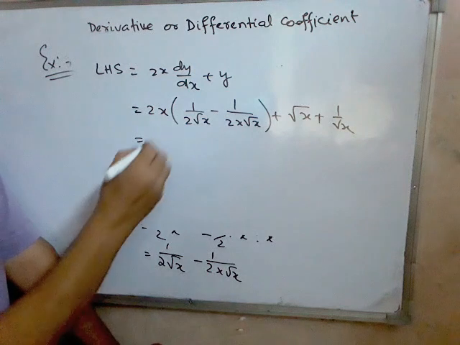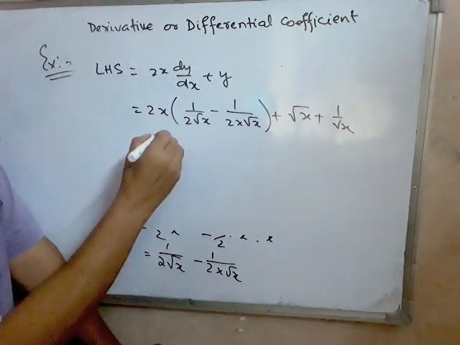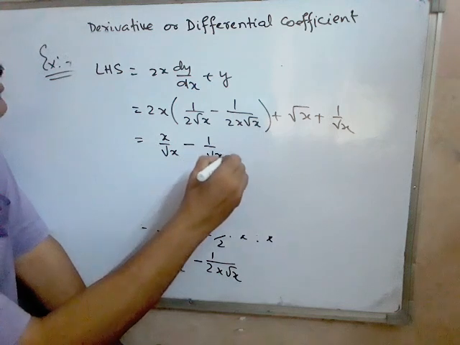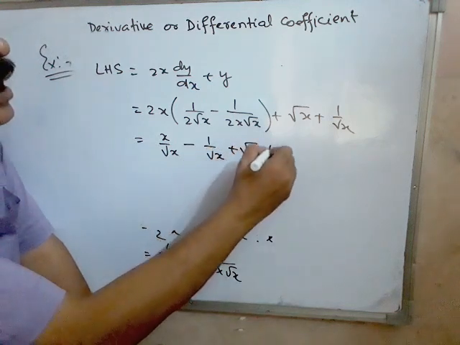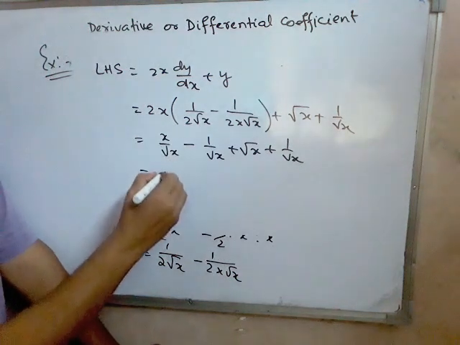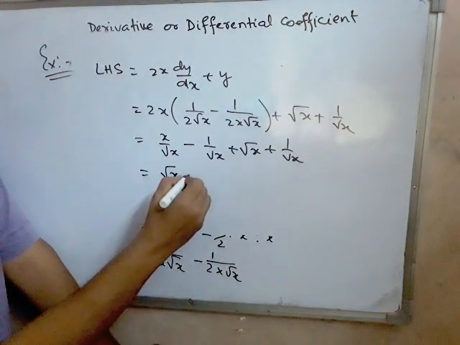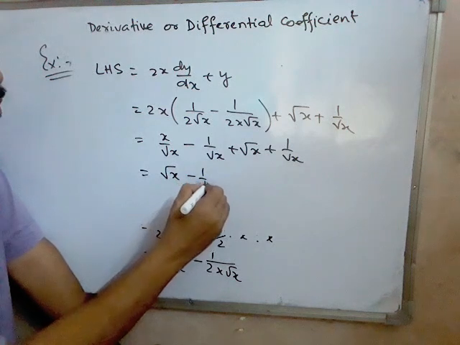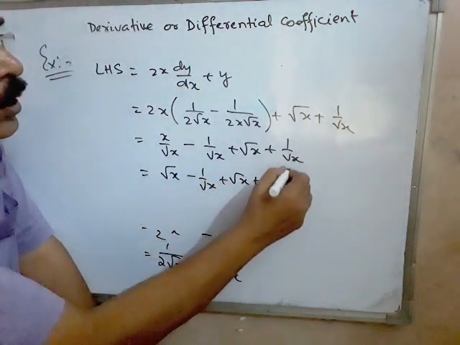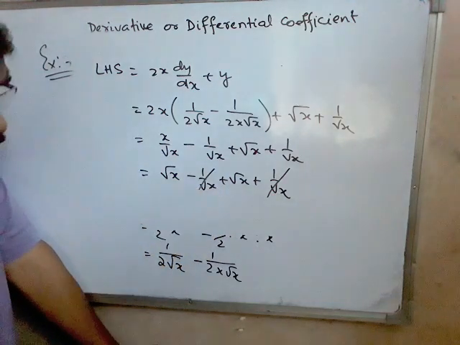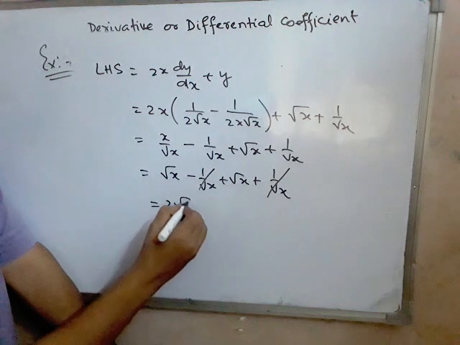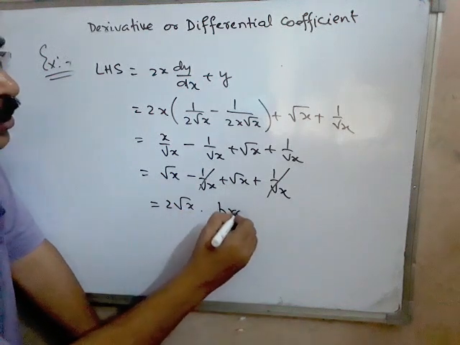Multiply, open the bracket. So we will get x by root x minus 1 by root x plus root x plus 1 by root x. x by root x means root x, minus 1 by root x plus root x plus 1 by root x. This one gets cancelled. So the final answer will be 2 root x, and hence it is proved.